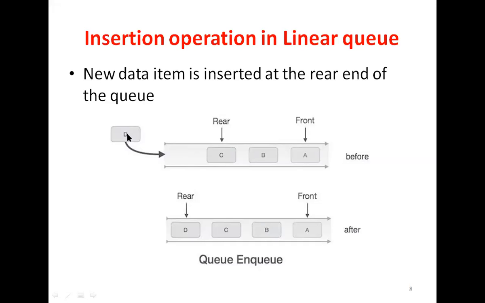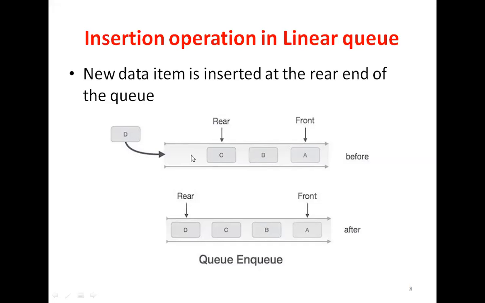Suppose D is the data to be inserted. Before D, this is the situation. Front is pointing to A. Here I'm inserting character data. In previous slides, I showed you integer data insertion and deletion. Here I'm showing characters. Front is now pointing to this location, rear is pointing to this location, and suppose I want to insert this D.